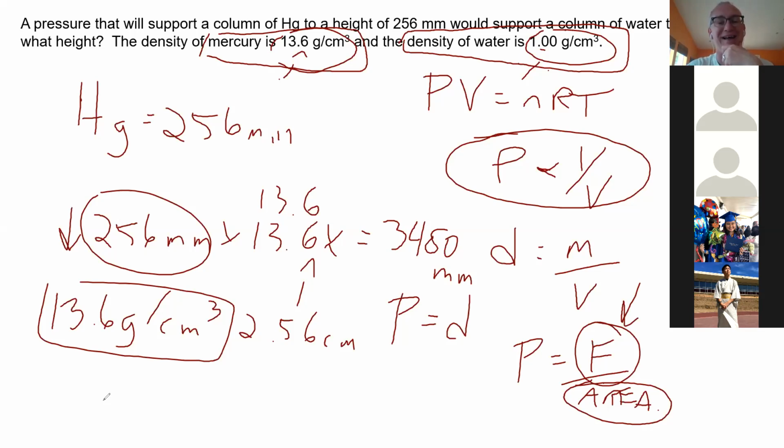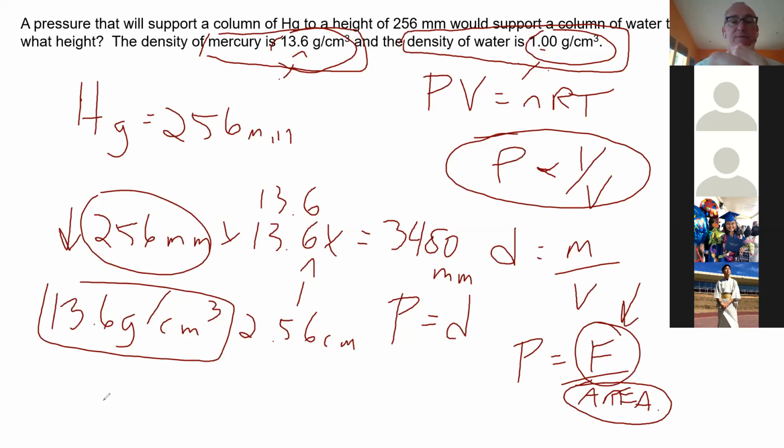A lot of quiet there. They just have to think about that one a little bit. We can multiply millimeters by 13.6 grams over centimeters cubed.